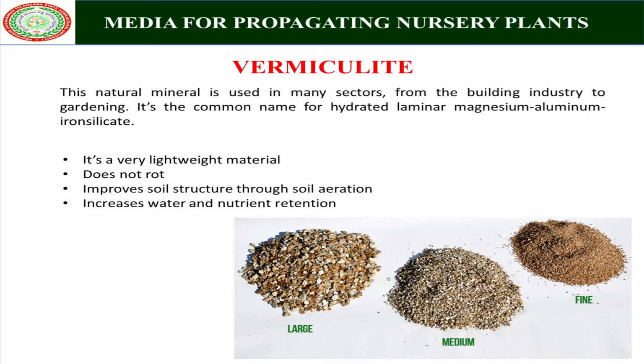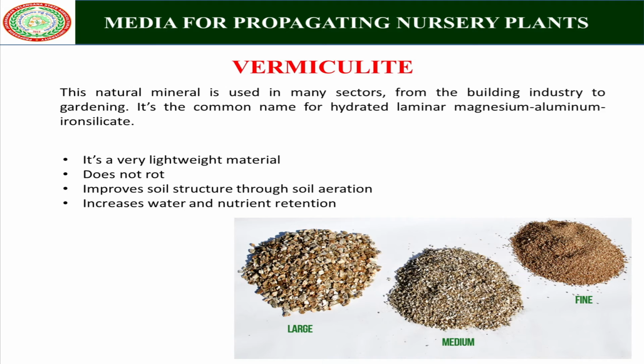When mixed with the other potting mixtures, it will not rot, and it is also a light material, and it will improve the soil structure through improving the soil aeration, and also will increase the water and nutrient retention capacity of the potting mixture.